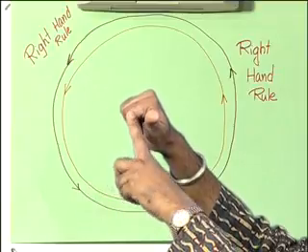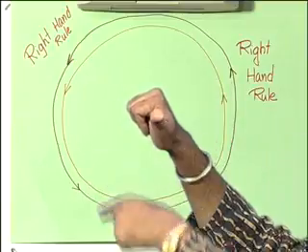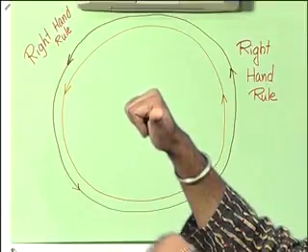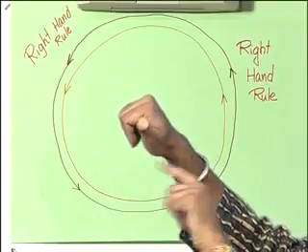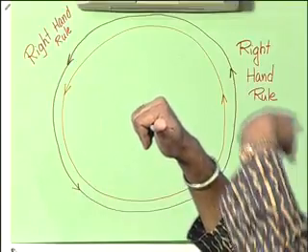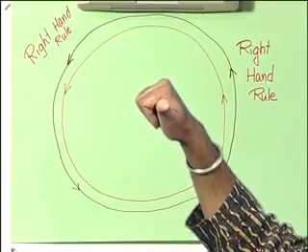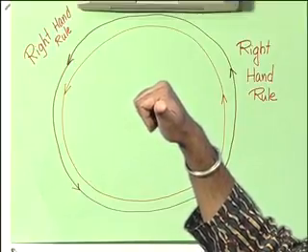The fingers point in the direction in which the flux is going to flow. So, as the fingers are pointing here for a current flowing in this direction, you will see the anti-clockwise direction of the field lines. This is the right hand rule.